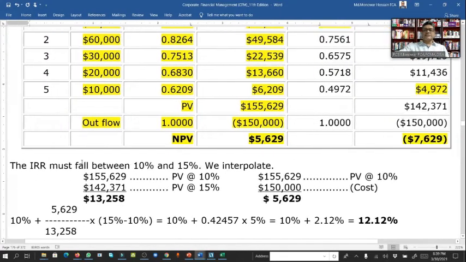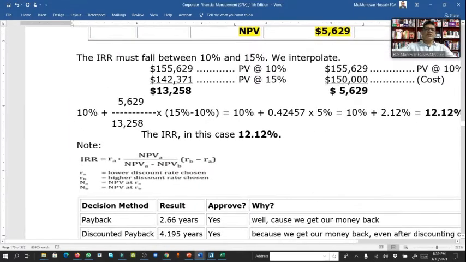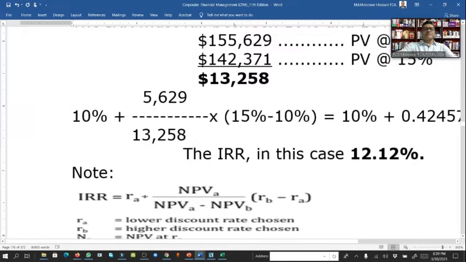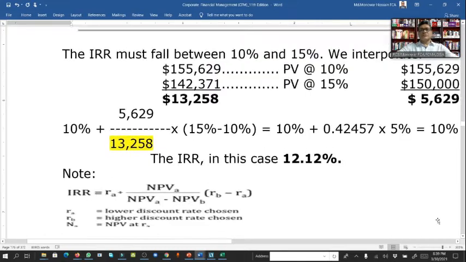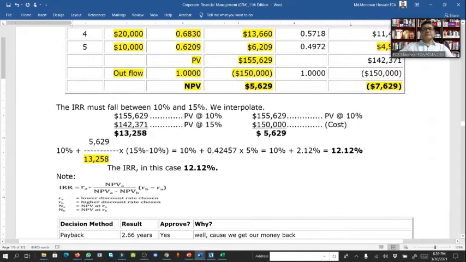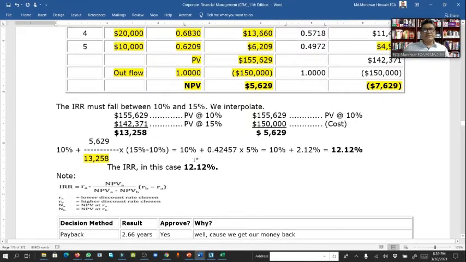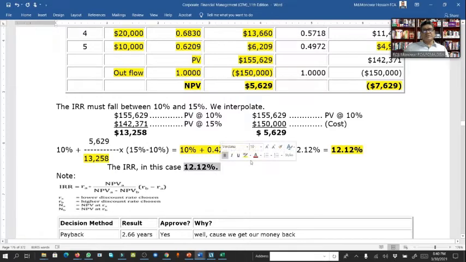So 5,629 plus 7,629 comes to 13,258. From this we get the IRR: the 10% plus this, and IRR comes to 12.12%. So in this case, 12.1%.